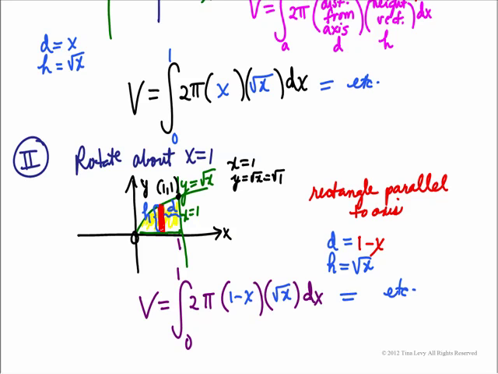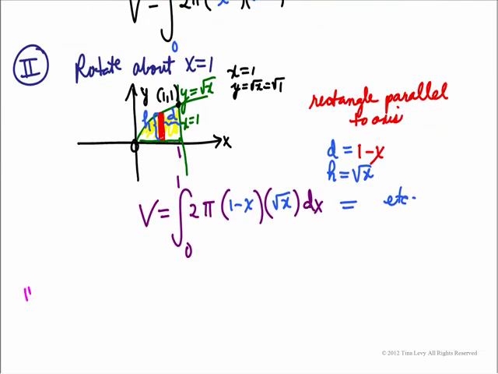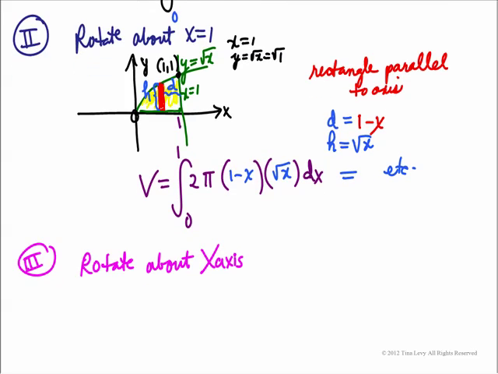Now I'd like to take this same region, only this time I'm going to rotate about the x-axis. Working this through, I put the region again. y equals square root of x, y equals 0, x equals 1.